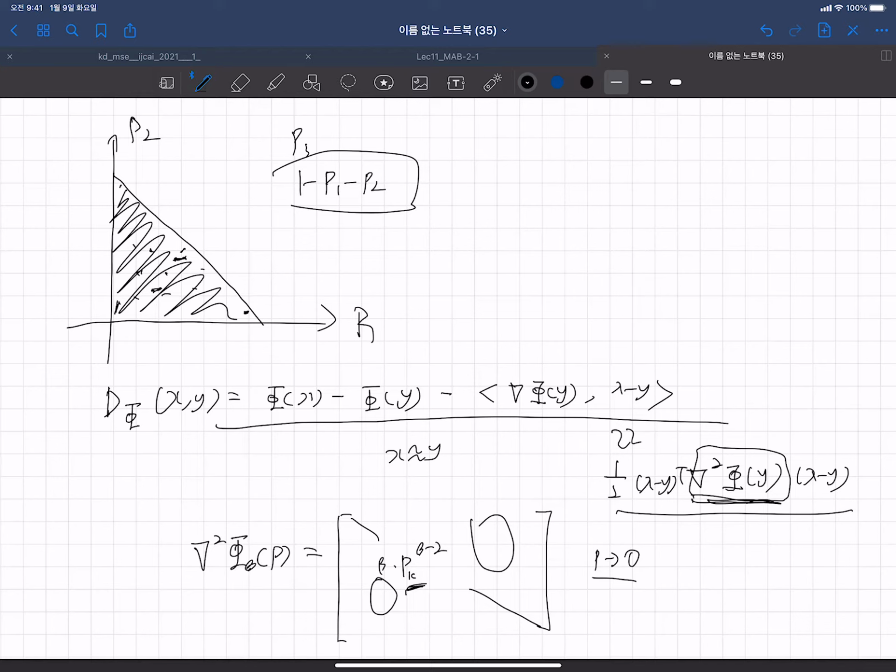When we are close to this boundary, then p3 is close to 0, so the third element is amplified a lot by this Hessian. When we are close to this boundary, p1 is close to 0, so we have a very huge value multiplication on the first element and so on.